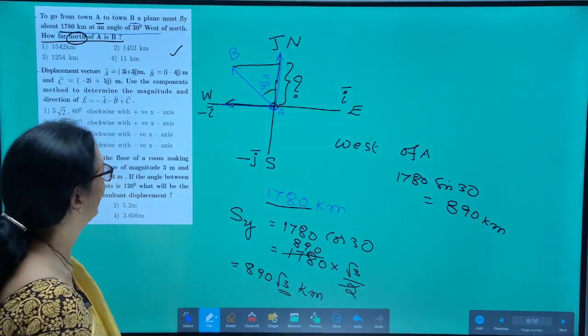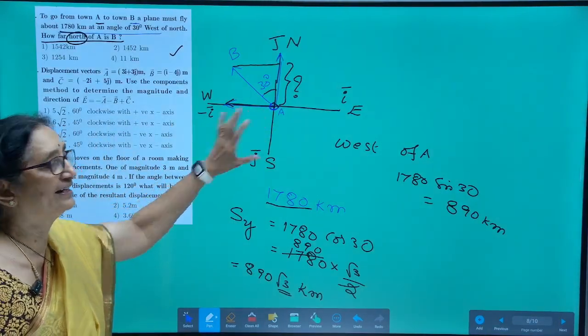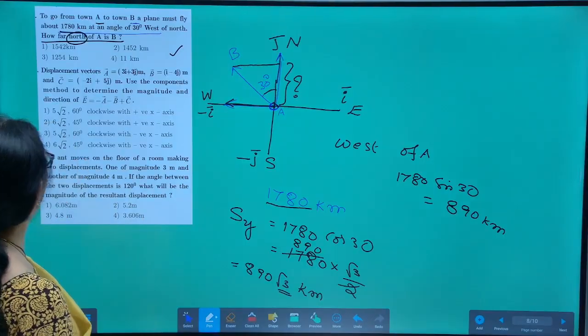That is the answer. So you should know the conventions properly to understand that problem.